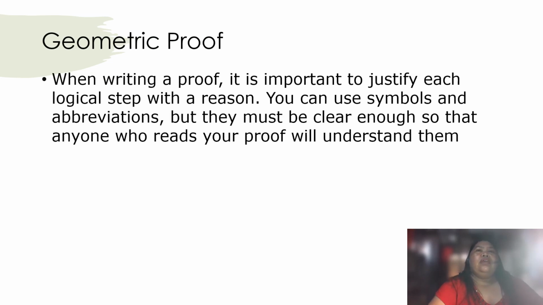Okay, when writing a proof, it is important to justify its logical step with a reason. You can use symbols and abbreviations, but they must be clear enough so that anyone who reads your proof will understand them.